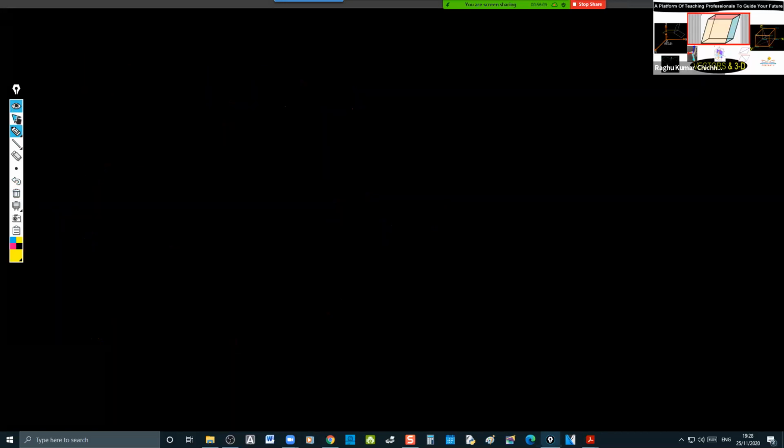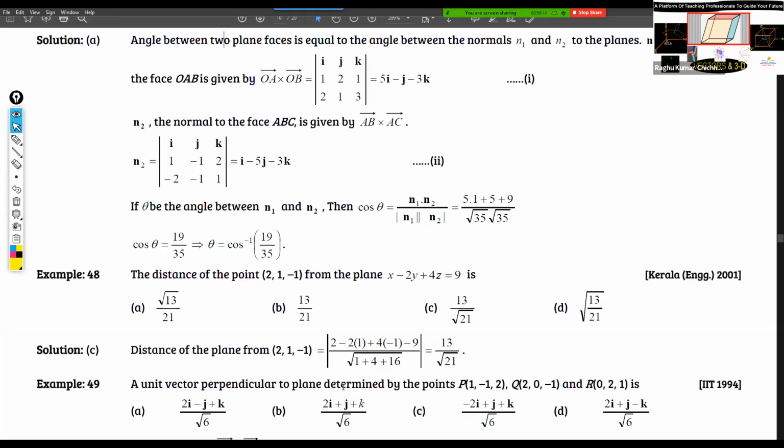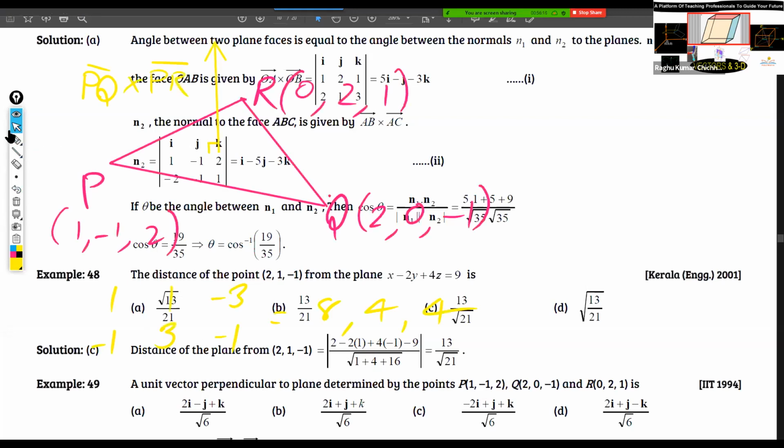Let us check the answer. But he needs a unit vector. Just don't forget, he needs a unit vector. How to get the unit vector now? You have to divide with its modulus.